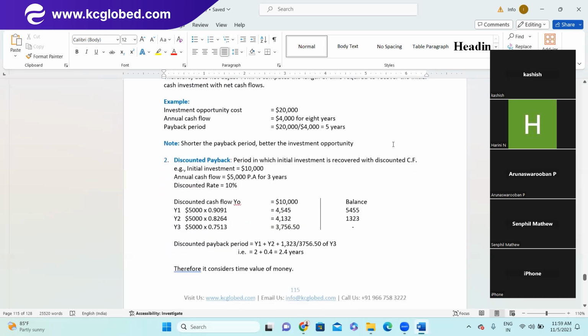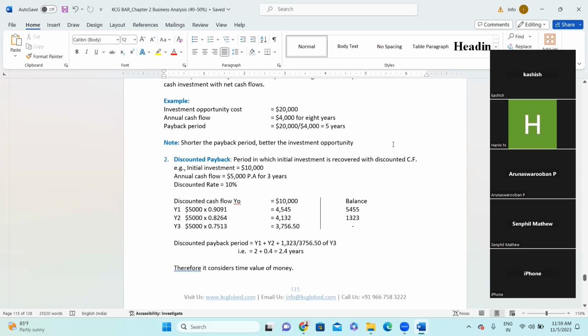Second is discounted payback. Discounted payback is the method in which you do discounting of the cash flows which you are receiving. It is the period in which the initial investment is recovered with discounted cash flow. In this example, initial investment is $10,000, actual cash inflow is $5,000 for 3 years and the discount rate is 10%.